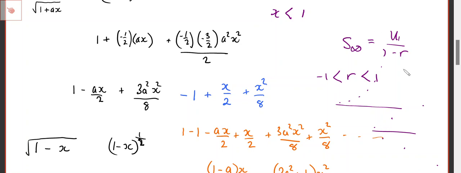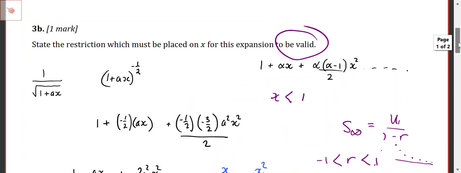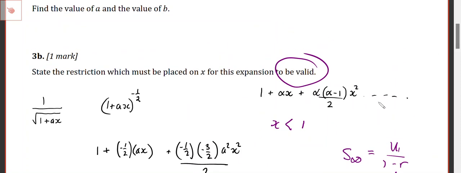So if I'm doing a geometric series, what's it got to be like? It's got to be like this, yeah? So we converge at a point. Now, is this formula a formula for an infinite geometric series? Yes.